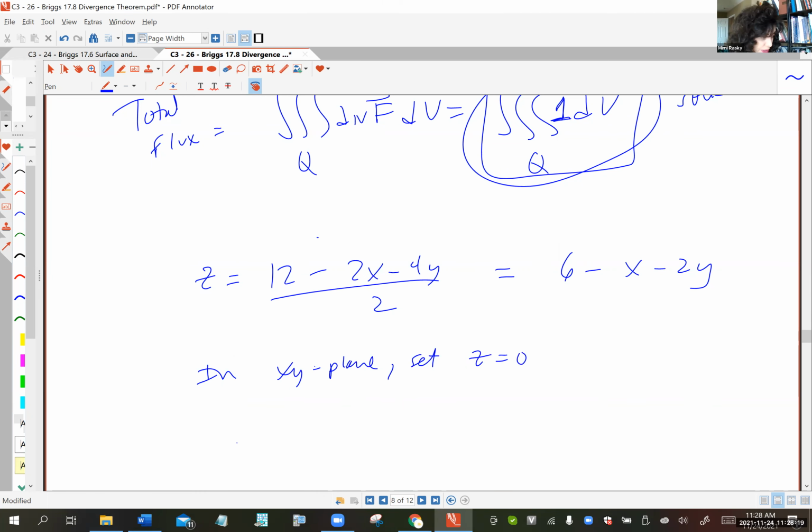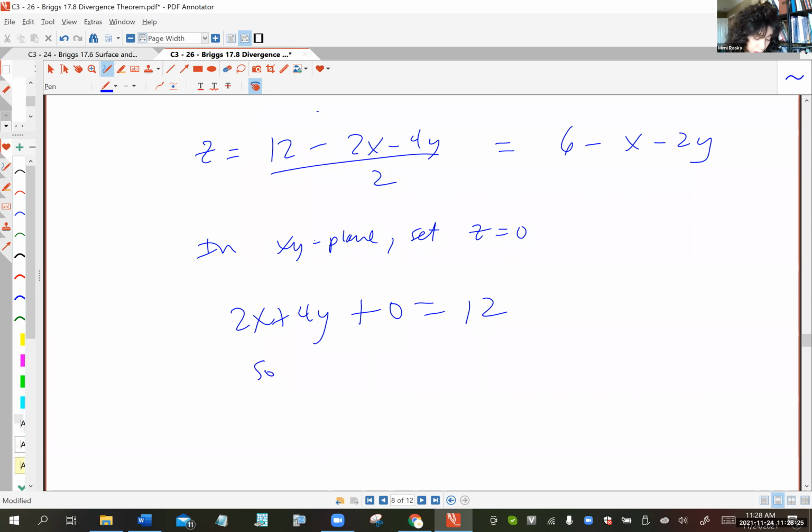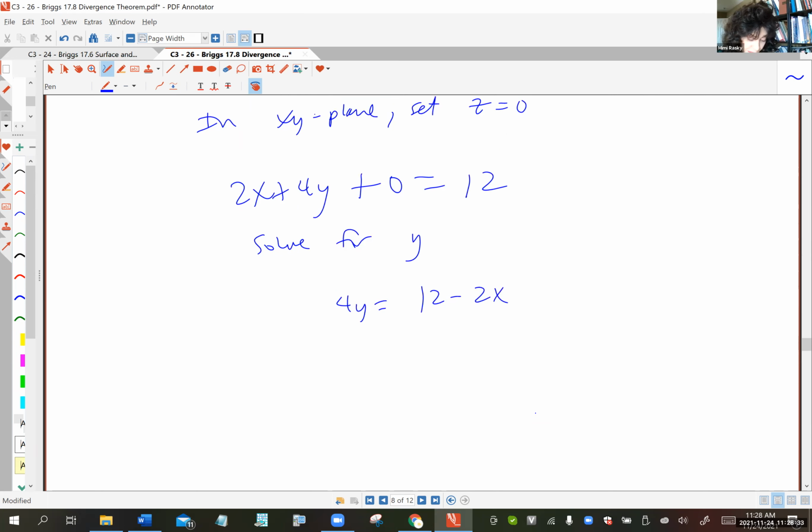When you do that in the plane equation, you get this. And then if you solve for y, you can see that line. So 4y equals 12 minus 2x. So y is equal to 1/4 of 12 minus 2x, and that looks like 3 minus a half x.